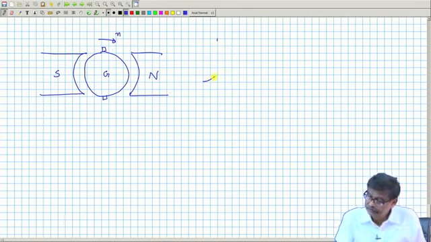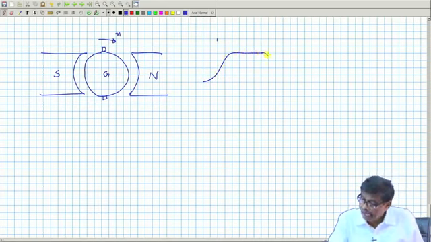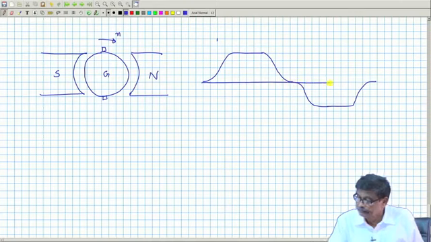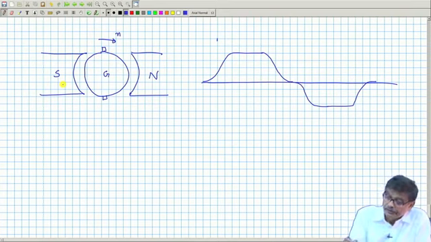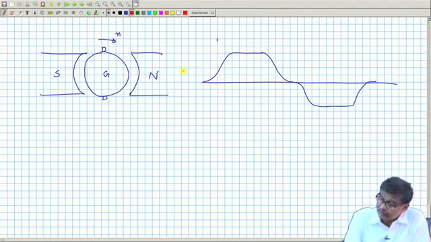This is the no load field form, the trapezoidal field distribution because of these magnets. And these are the conductors.